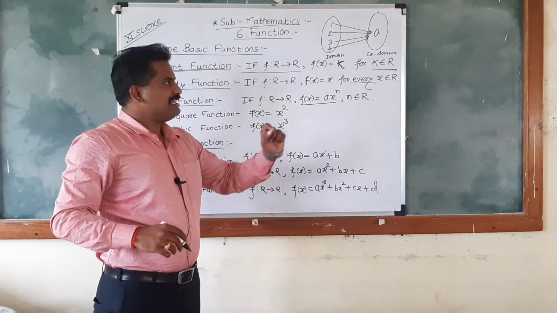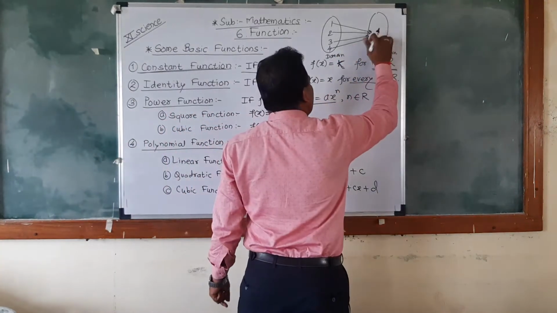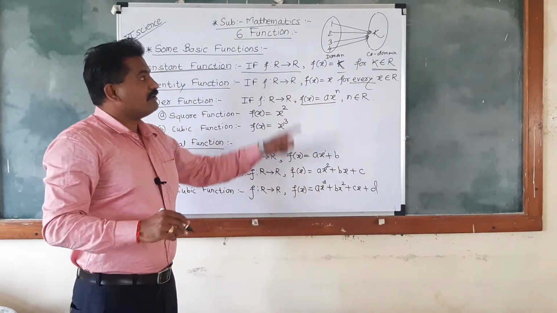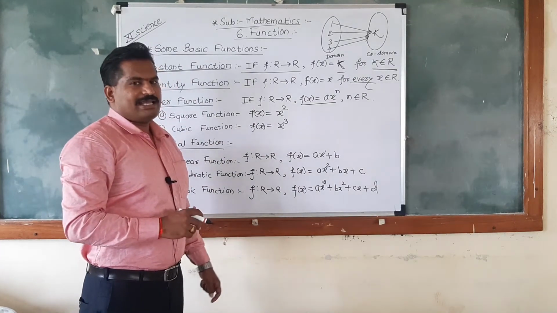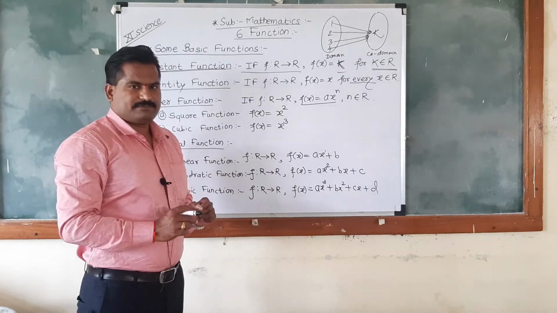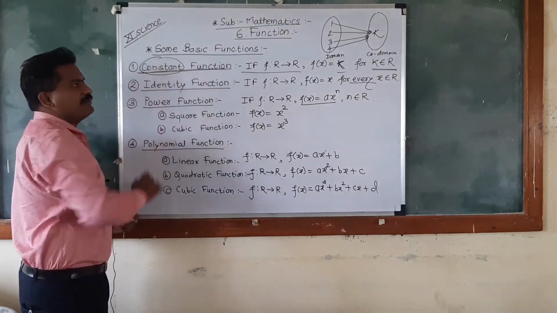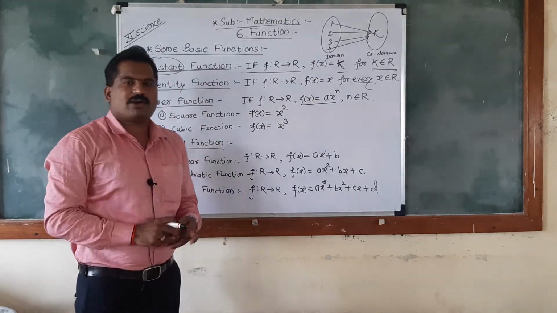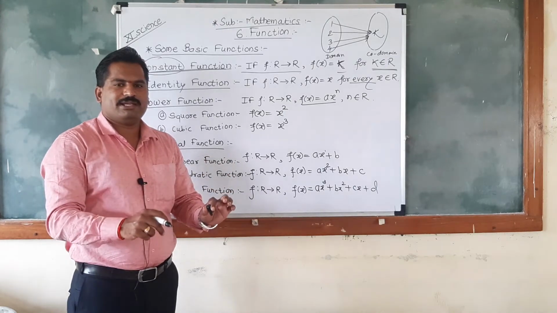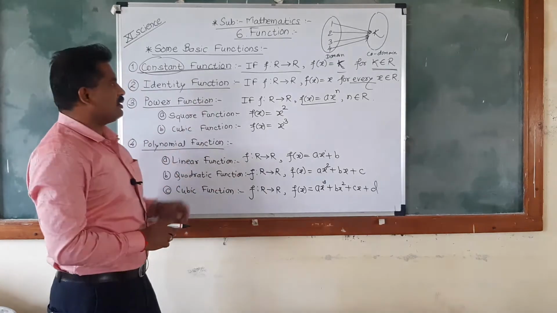If this image is fixed, which is a constant a, or we can take k here. To better understand, we take the image as k. Therefore, the image is fixed, the image is a constant. Therefore, this function is known as the constant function. Every element in the domain having a constant image in the codomain is called a constant function.